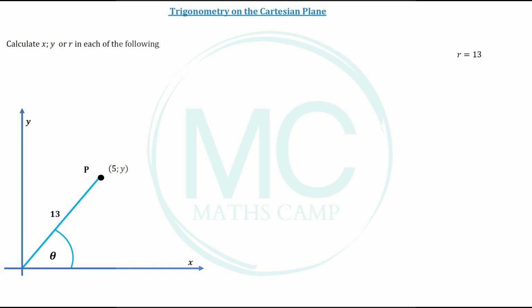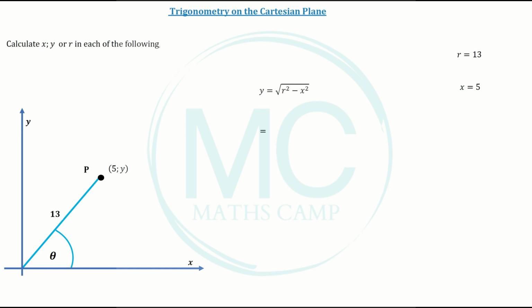Our x-coordinate is 5, so we can make a note of this as well, and we say x is equal to 5. Now we need to find the value of y, and we can use Pythagoras. So we're going to say y is equal to r squared minus x squared, all under a square root. And now we can fill in our values.